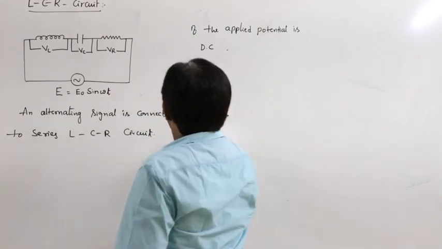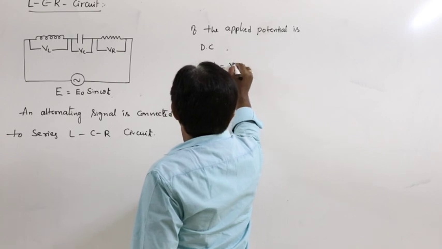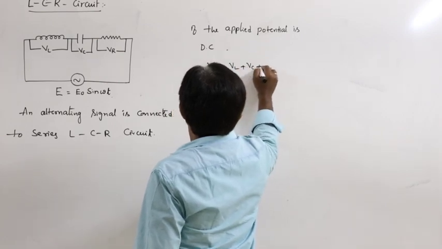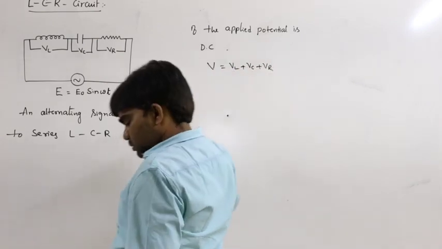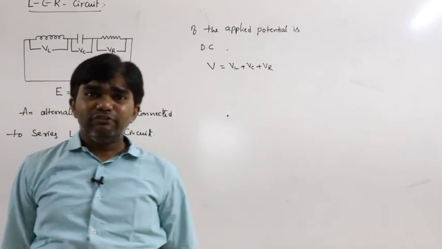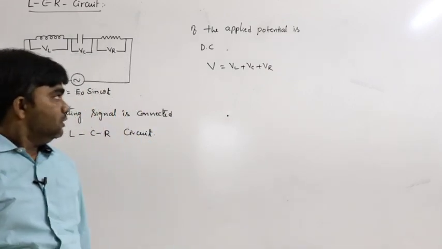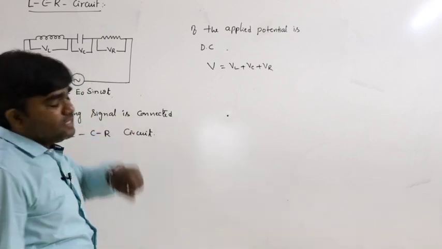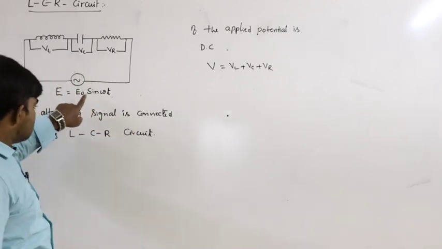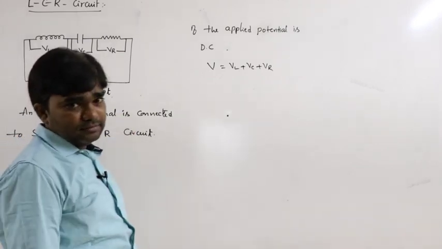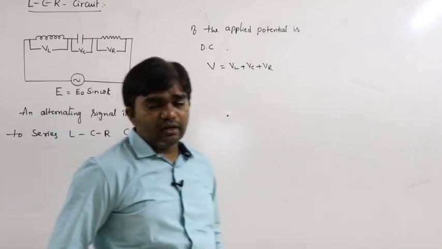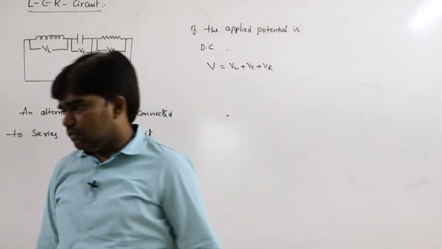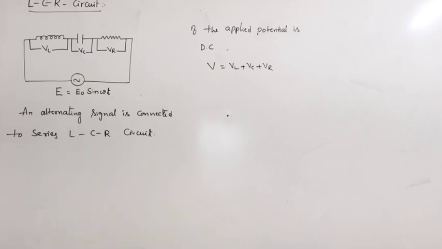If the applied potential is DC, then the total potential is equal to the sum of individual potentials. But it is not DC. This is AC, alternating current. Then how can we find out the resultant potential?